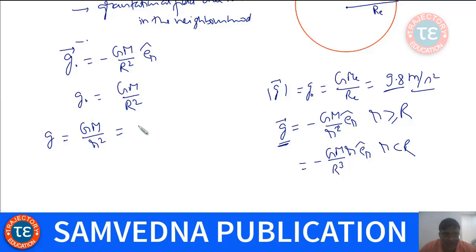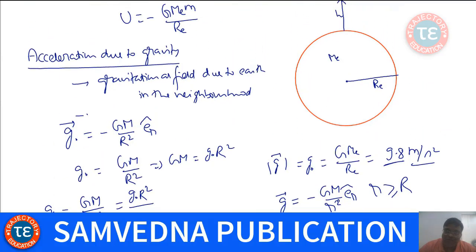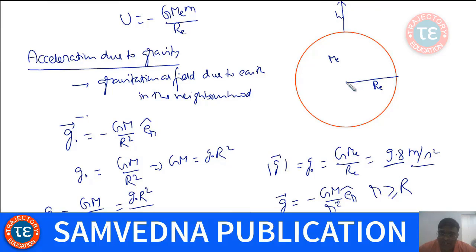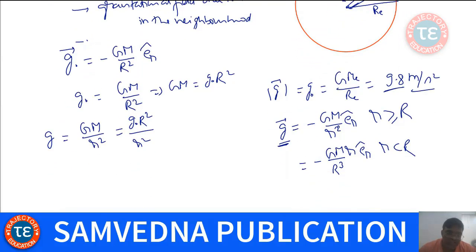So if I want it in terms of g naught, g naught R square equals GM, so GM is g naught R square. Suppose I want acceleration due to gravity at a height h. Small r is the distance from the center, so small r is R plus h, where R is the radius of the earth.